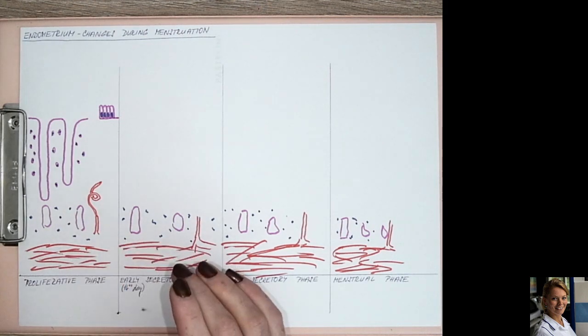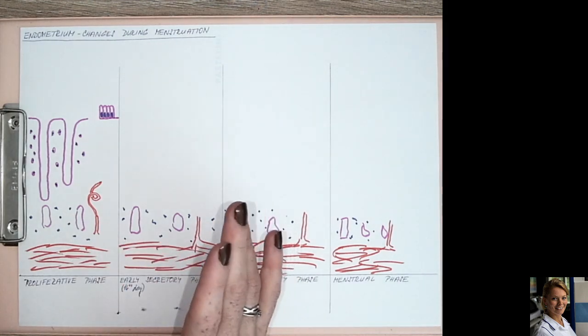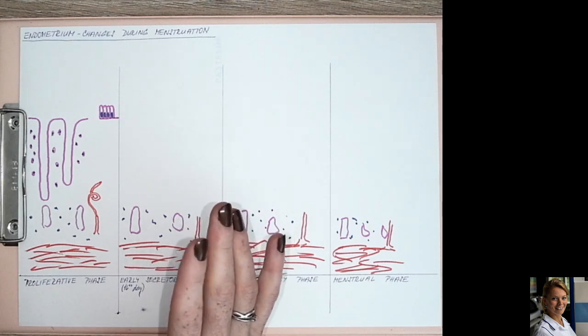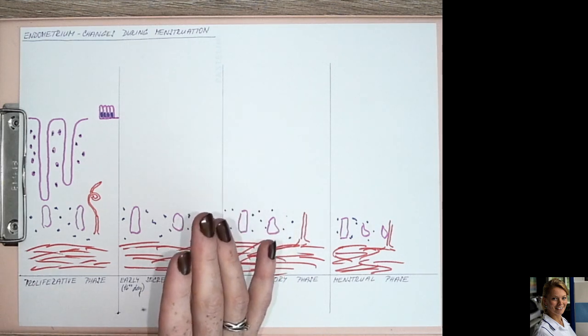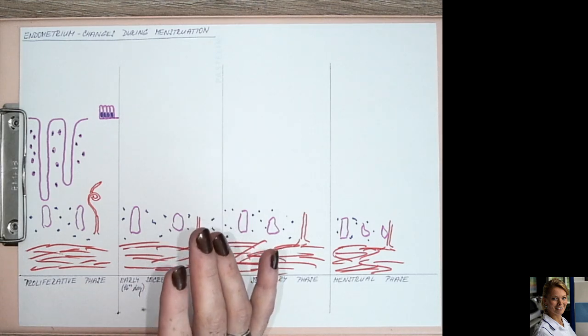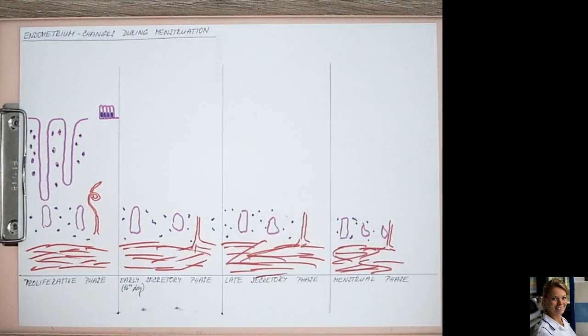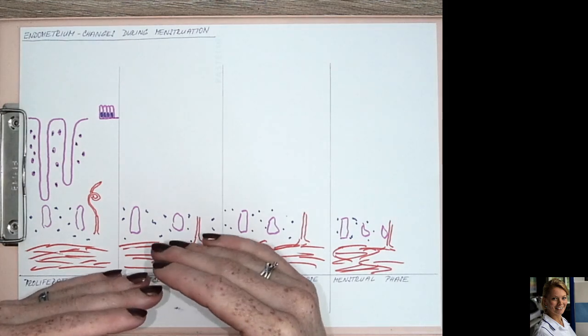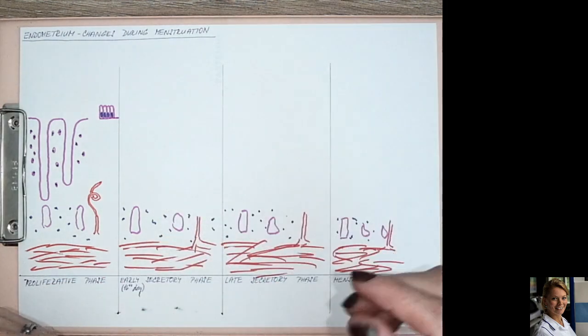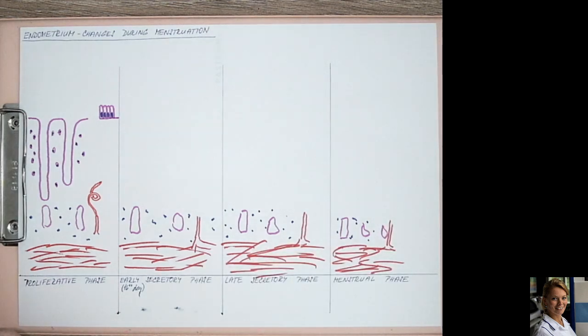The uterine glands are still straight, but some lining columnar cells start to accumulate glycogen in the basal part of these cells. The glycogen is basally located and displacing the nucleus towards the center of these cells.